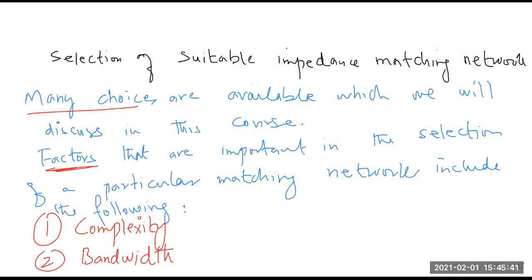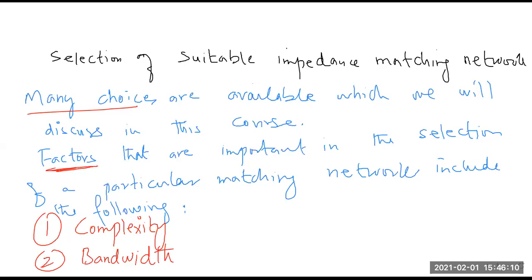Some are narrow band and some are wide band. If you require impedance matching over a large bandwidth, then of course you are going to select the circuit which has wide bandwidth, because a narrow bandwidth circuit is not going to solve your problem.